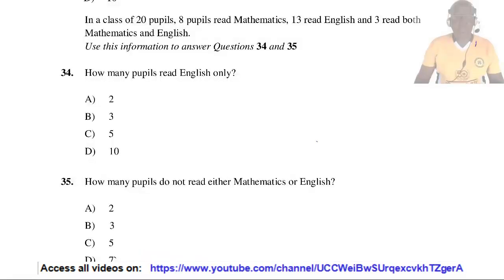In a class of 20 pupils, 8 pupils read mathematics, 13 read English, and 3 read both mathematics and English. Use this information to answer questions 34 and 35. Let us draw the Venn diagram.